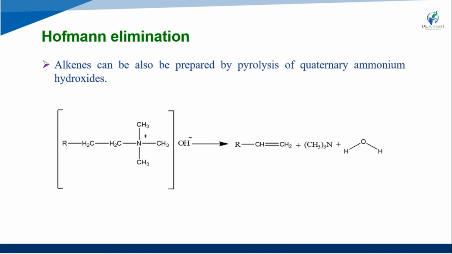Heating quaternary ammonium hydroxide at a higher temperature makes one alkene because the pyrolysis process is followed. So this is the Hofmann elimination reaction.